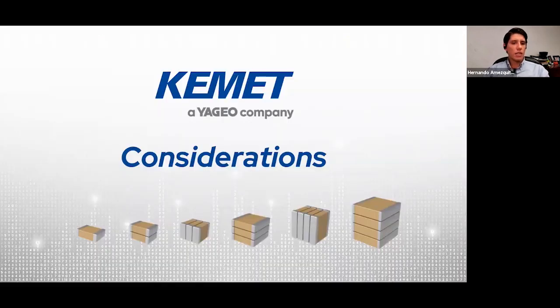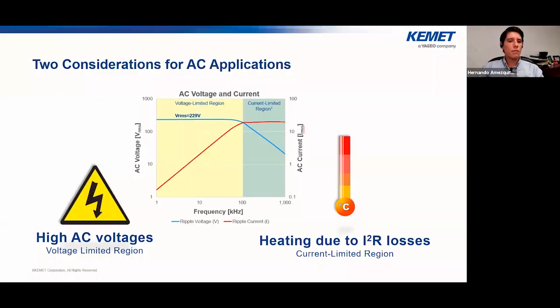Now, let's get a little more technical and talk about some considerations when working with power applications. When we talk about AC voltage rating and current rating, there are two considerations for AC applications. We have high AC voltages, what we call at KEMET the voltage limited region, and the heating due to I²R losses, which is what we call the current limited region.